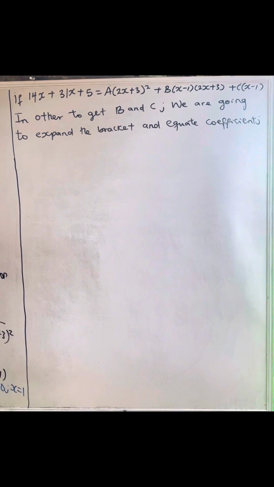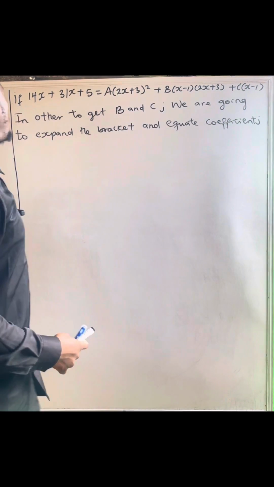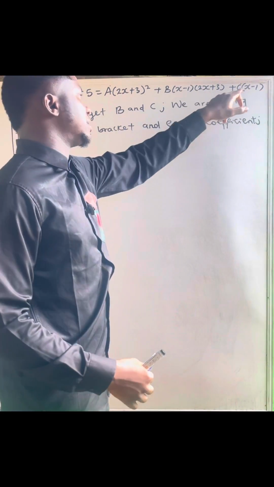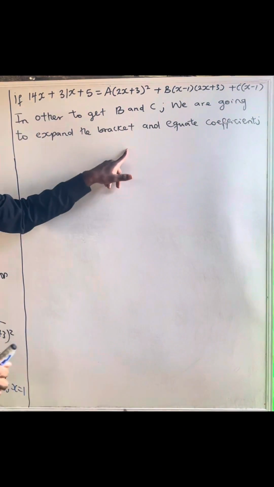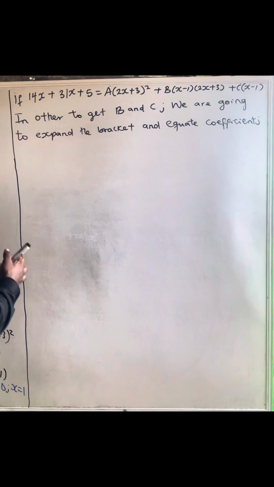So guys, the next thing we are going to do is, we have expressed our equation to this form already. So in order to get the value of B and C, we are going to expand the brackets and equate the coefficients. So guys, follow me as we are using the long method in solving this.